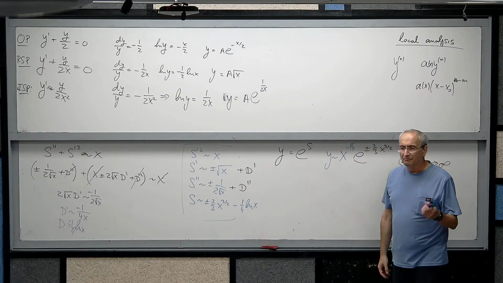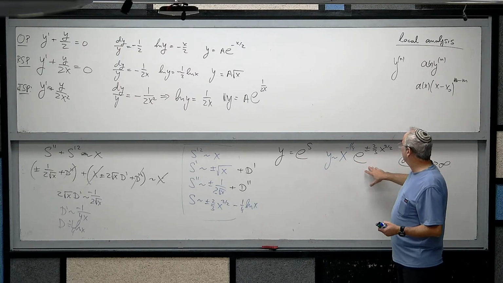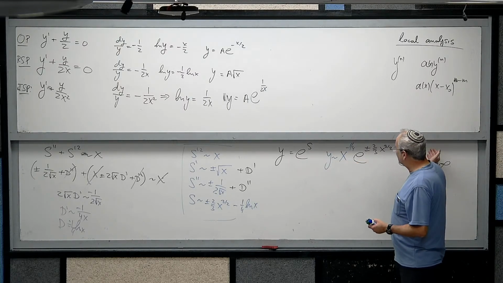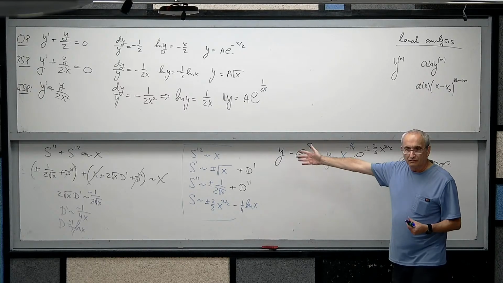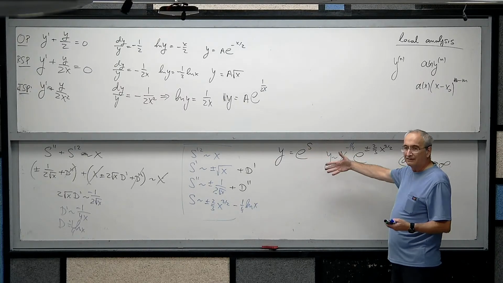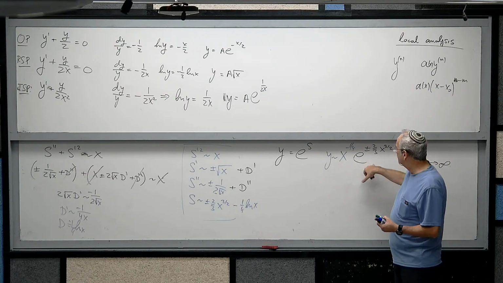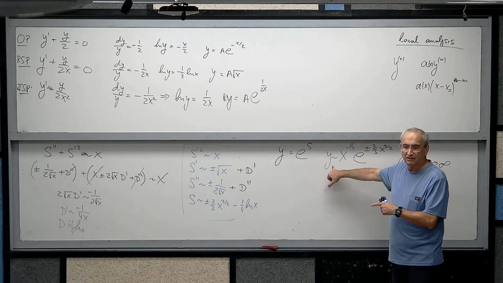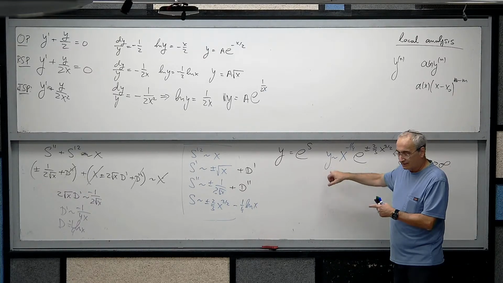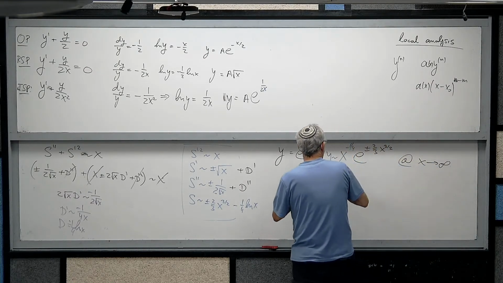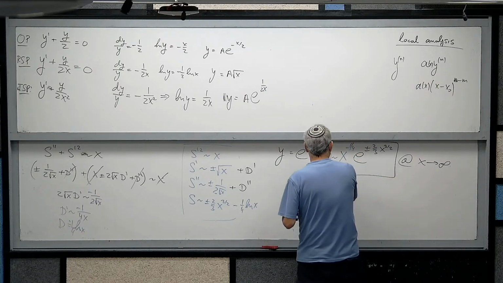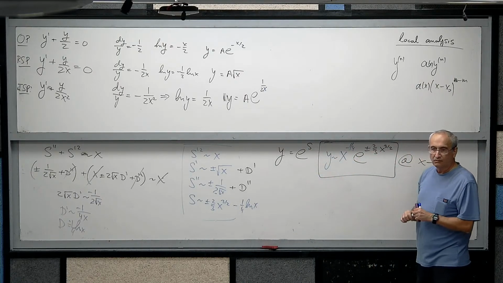I've forgotten the name, but yes. Okay, and then there are other terms. Of course, we can continue this process forever, but the other terms are negligible at the limit x goes to infinity. So this is a true asymptotic relationship. Right? So this is the behavior of the Airy function as x goes to infinity.